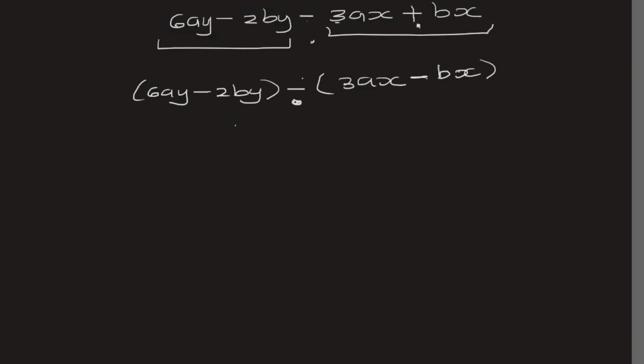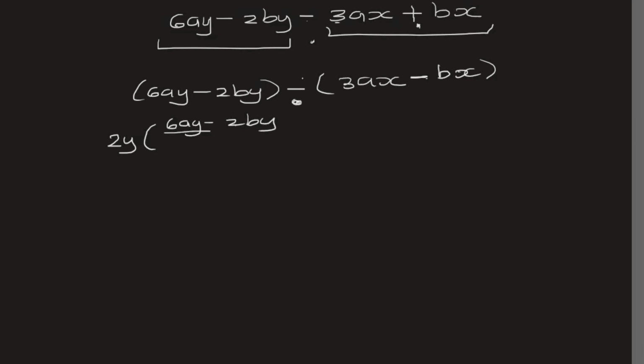What is the highest common factor here? The highest common factor here is 2 and y. And then we write what was in the parentheses exactly the way it is.